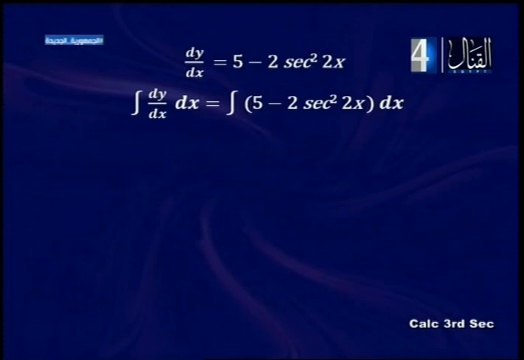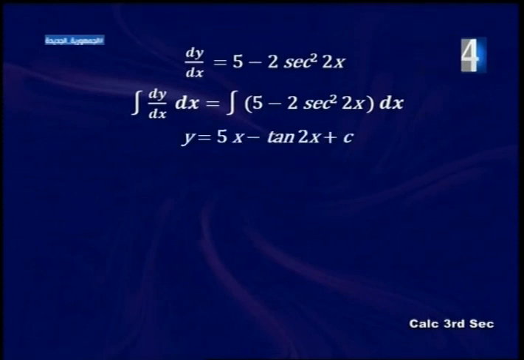The integration of dy/dx with respect to x equals y, so the left hand side equals y. The integration of the constant 5 equals 5x, and the integration of 2 sec^2(2x) equals tan 2x, since 2 divided by 2 equals 1, plus a constant c.